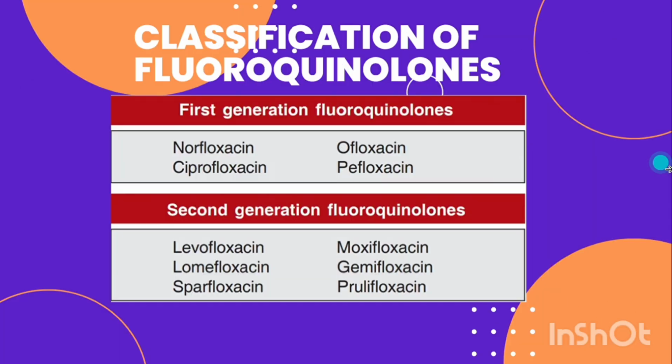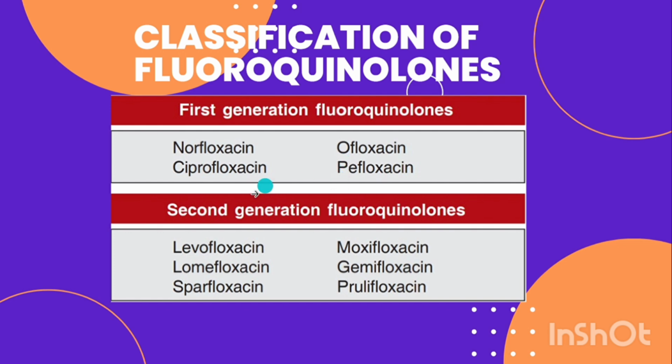Coming to the classification of fluoroquinolones, there are two major classes, the first generation fluoroquinolones and the second generation fluoroquinolones. In the first generation, we have norfloxacin, ciprofloxacin, ofloxacin and pefloxacin.